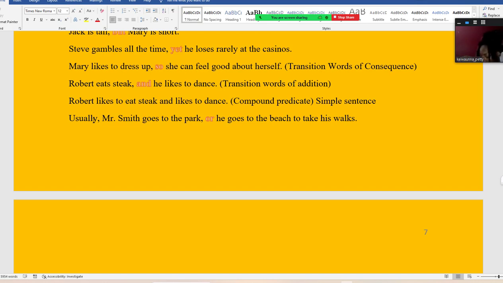You did say that a while back. And an adverb modifies the verb "goes." So how often does he go to the park? He usually goes there very often. So "usually" talks about the frequency of how many times someone goes to the park or to the beach for that matter.